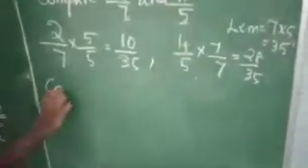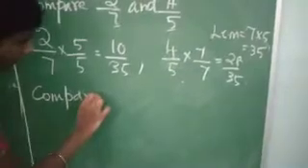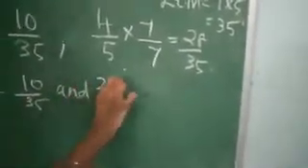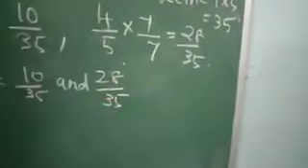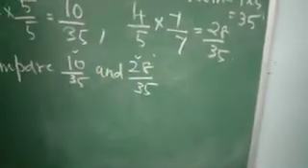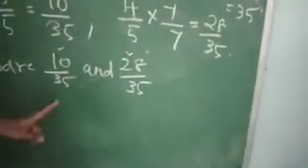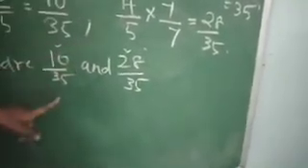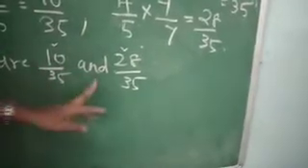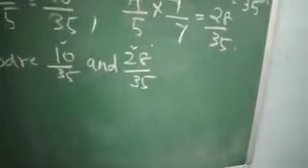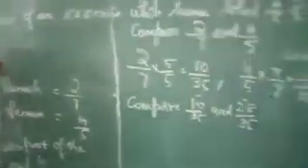So now you compare 10 by 35 and 28 by 35. Now it is easier for you because we have equalized the denominator. We have converted the unlike fractions into like fractions. So what is the question asked? Who solved the lesser part? So you have to find the least value.